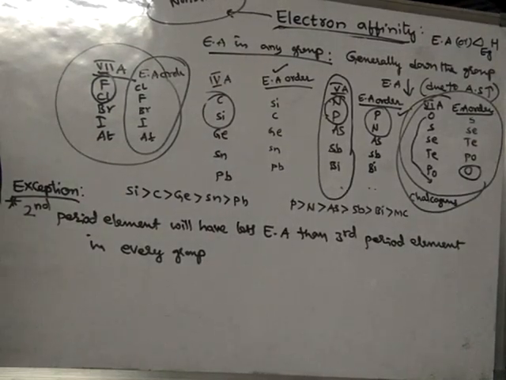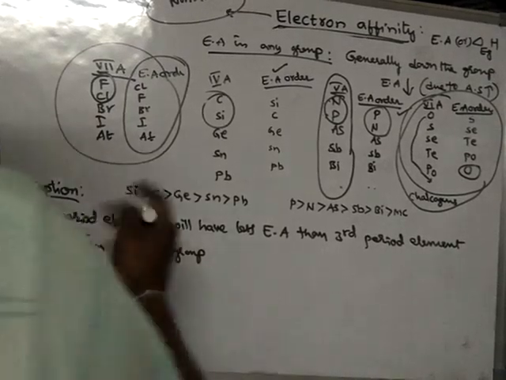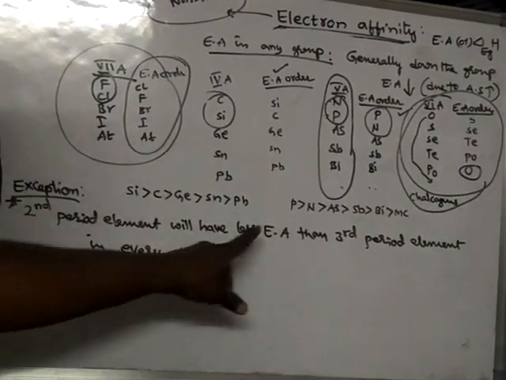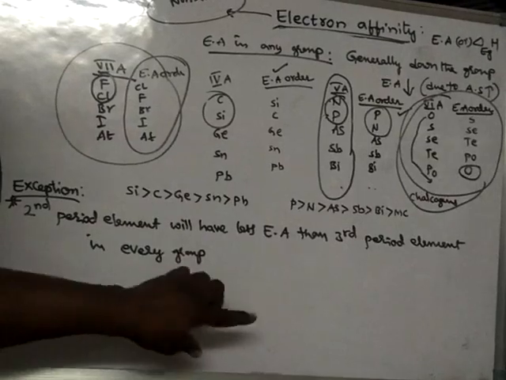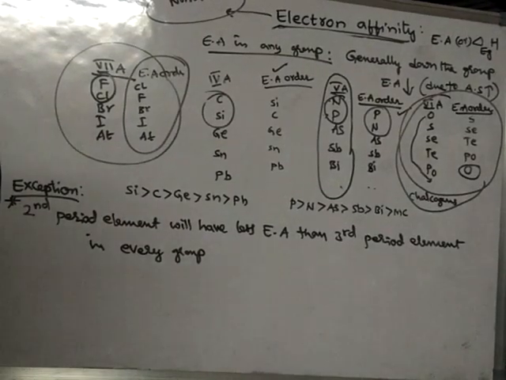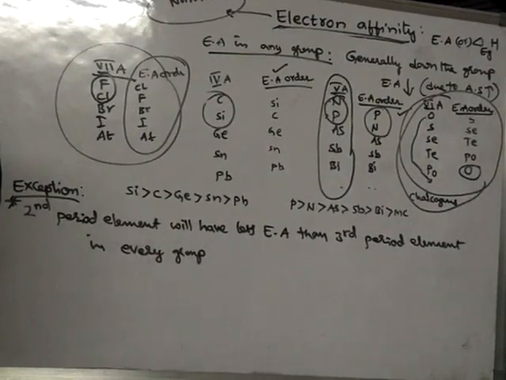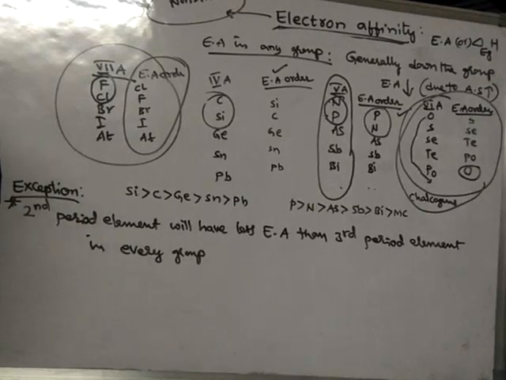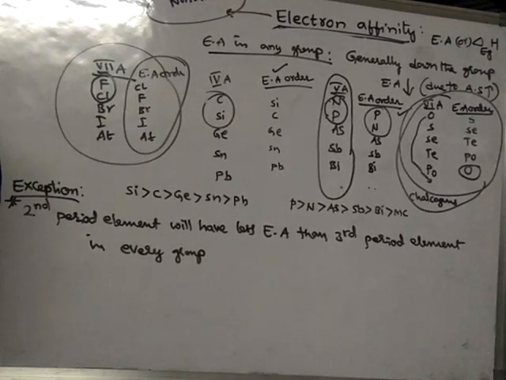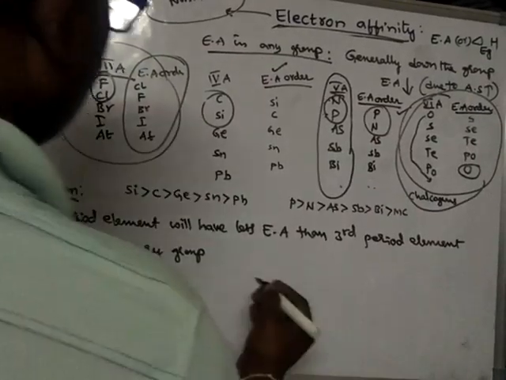So why is it happening? Why is the electron affinity of third period elements more than that of second period elements? The reason is that second period elements are smaller in size, and have greater interelectronic repulsion.